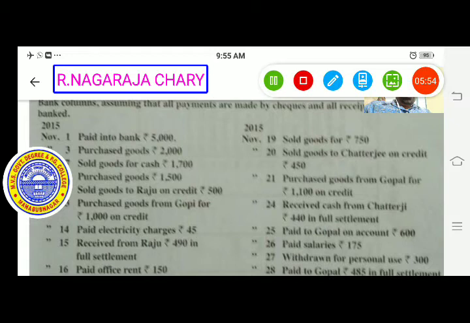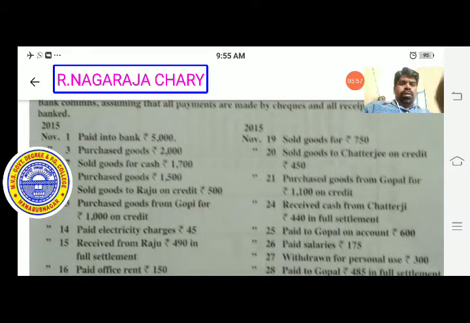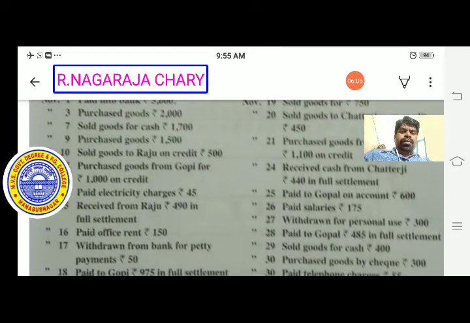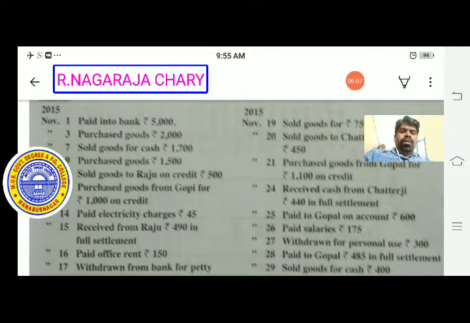Right here we have to post into the concerned account, concerned column: paid into bank, that is 5,000 rupees. So, we are paying cash into bank, that is 5,000 rupees.